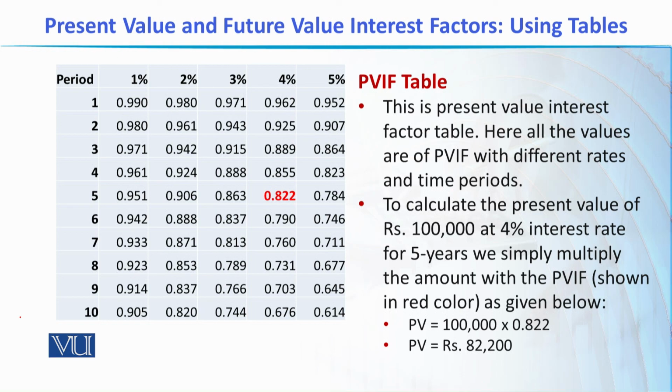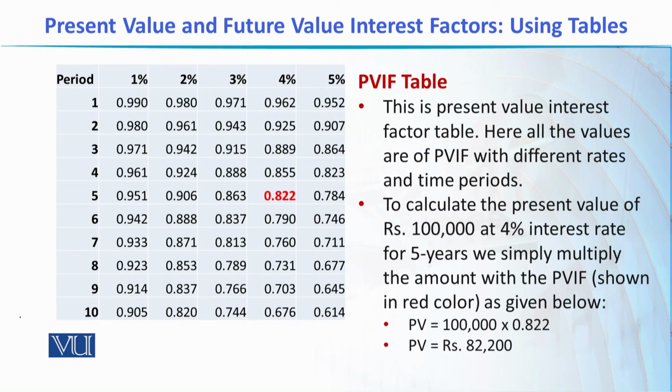Similarly, we have got time periods from 1 to 10, which can also be extended. And in this table, we have got different values of present value interest factor for the values of R and N. So every value in the table is representing some value of R, rate of interest, and some value of N, that is the time period.